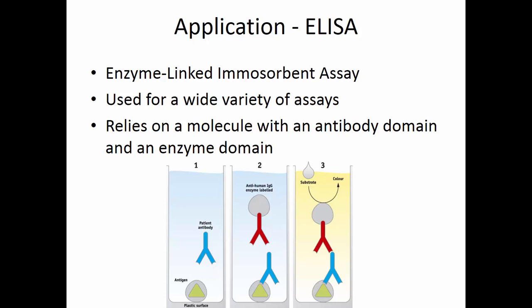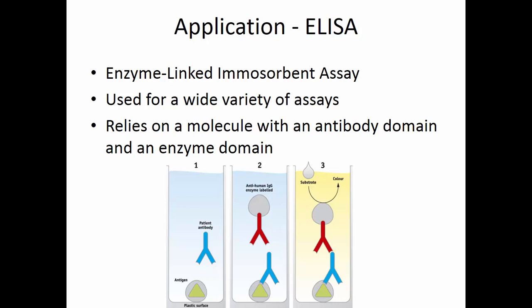One application for chemical conjugation is known as ELISA, enzyme-linked immunosorbent assay, and it's used for a wide variety of things. It's especially used in the lab to find molecules that will react or conjugate with other molecules.